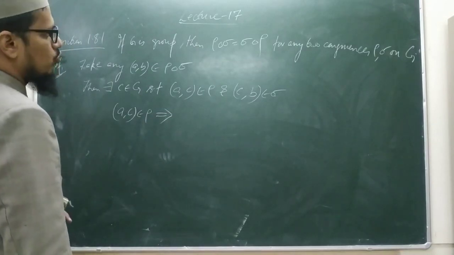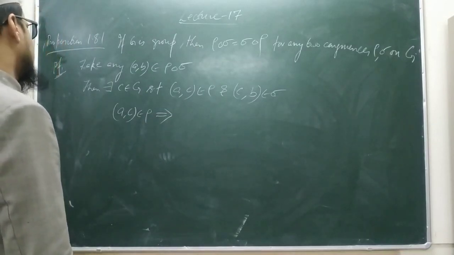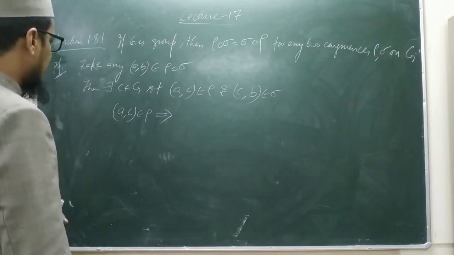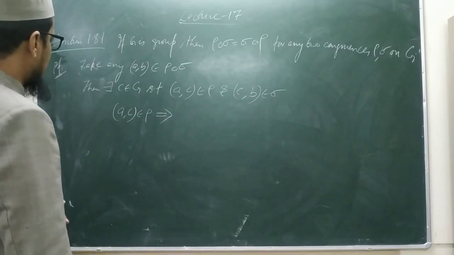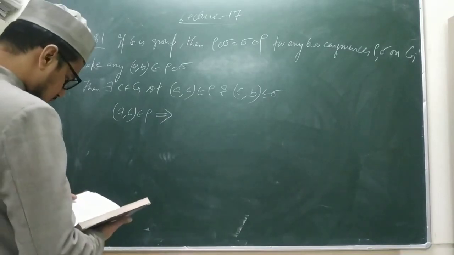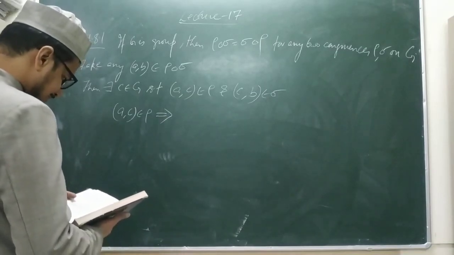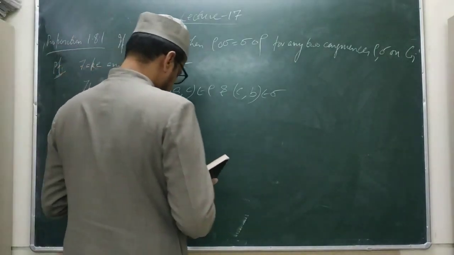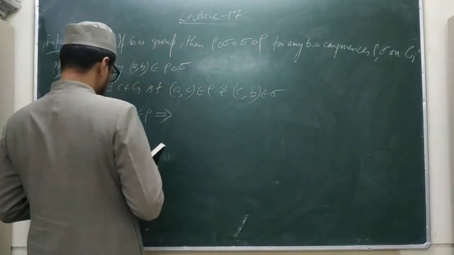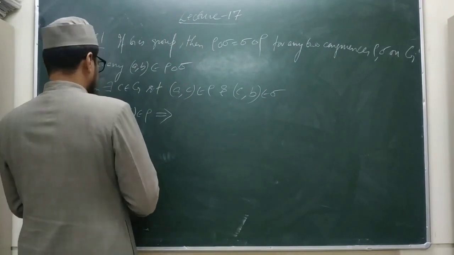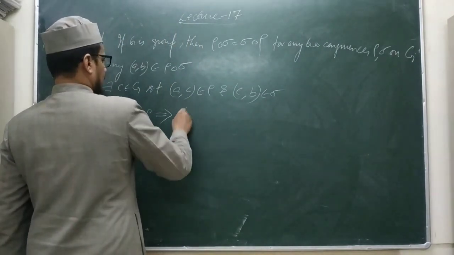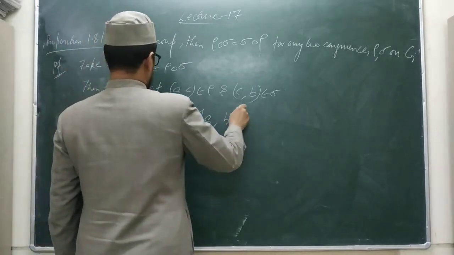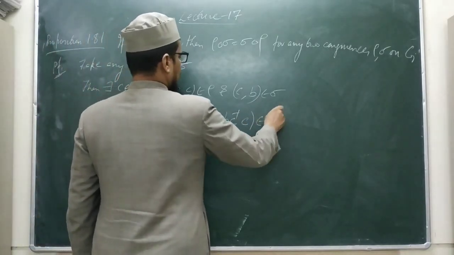It implies what? See, rho is a congruence. It means rho is compatible, correct? So we can see that (BC inverse A, BC inverse C) also belongs to rho.